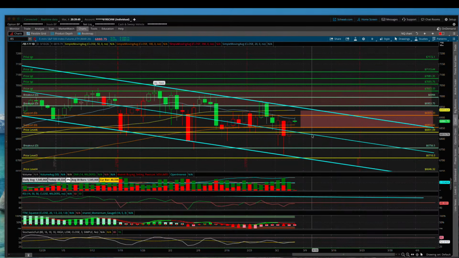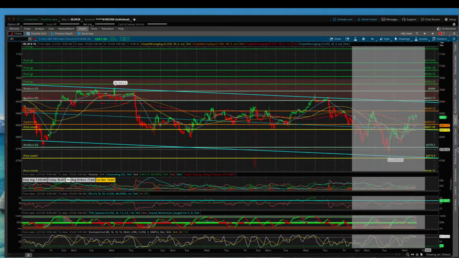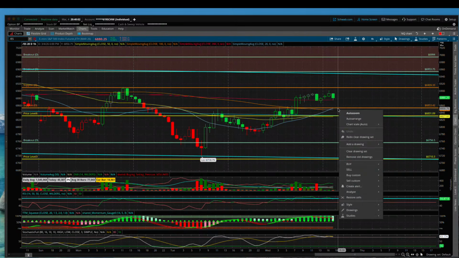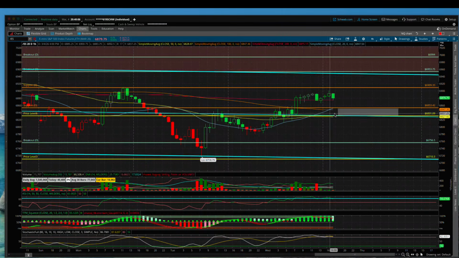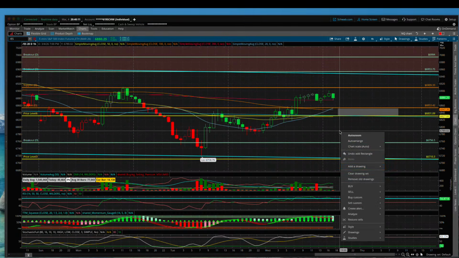So tomorrow's a setup day. I think the setup day is going to be, like I said, we come down to this zone right here. This is going to be zone number 1, and then this is going to be zone number 2.